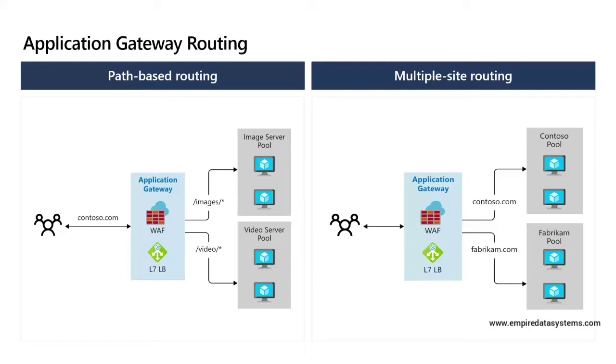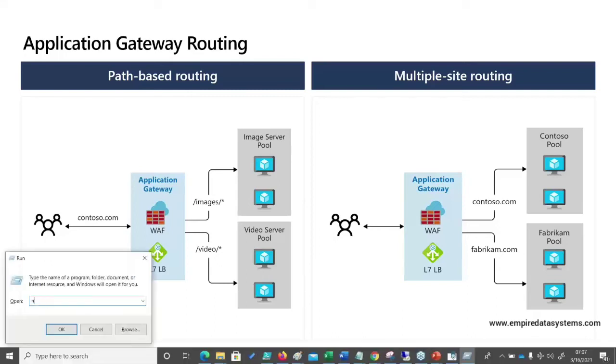So in application gateway, as you can see, there is a broad range of routing mechanisms as compared to your load balancer, what we saw in an earlier slide. So on the high level, what is the difference between application gateway and your normal load balancer? I'll just write it down here.